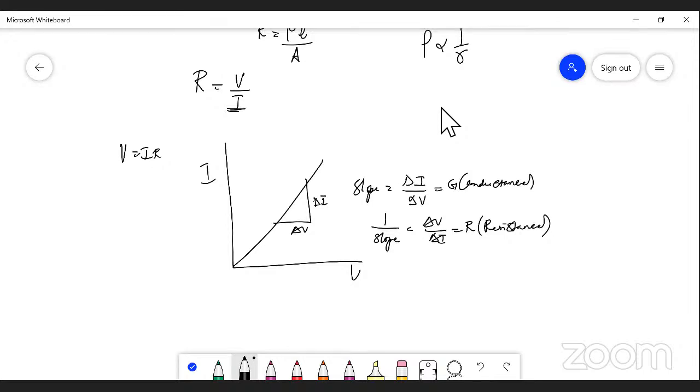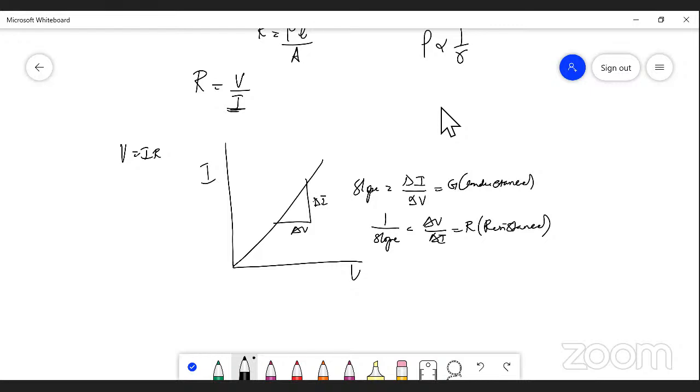And we can say here, in this graph, we can infer that the current varies linearly with V. In the sense, as V increases, correspondingly the current also increases. So this is a linear plot.